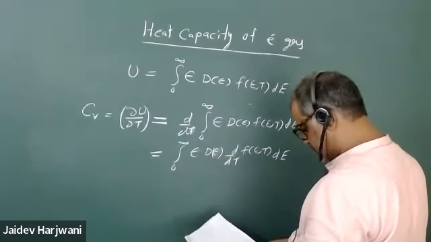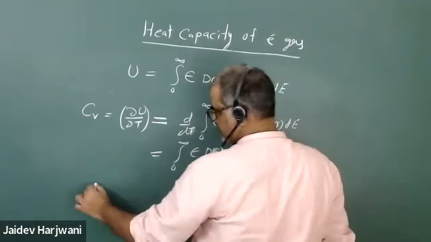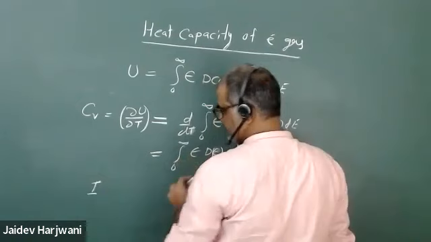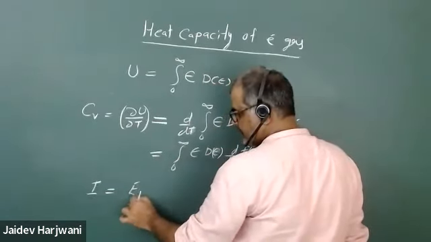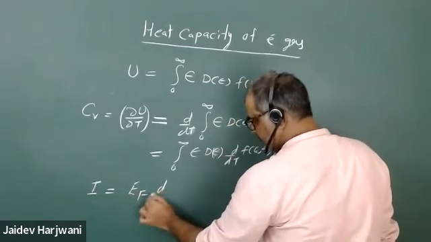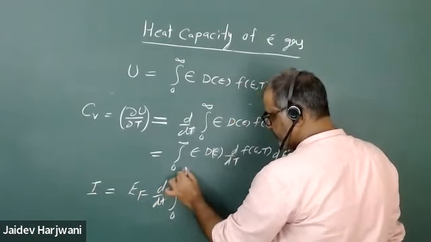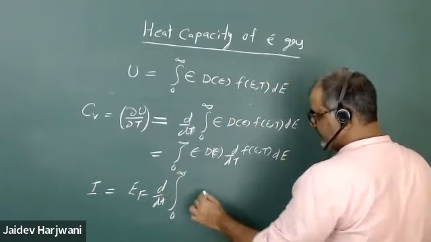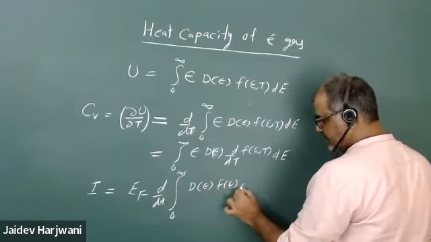Now let me use some integration. To simplify this, I'm using one integration whose value is 0. So I take EF d by dT of the integral from 0 to infinity of g(E) f(E) dE.